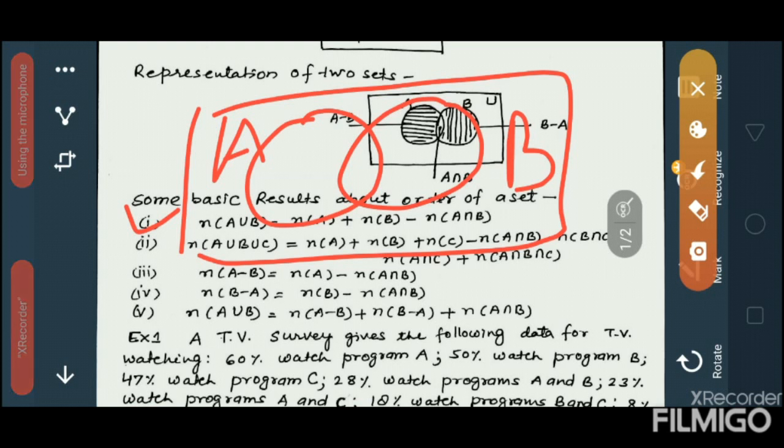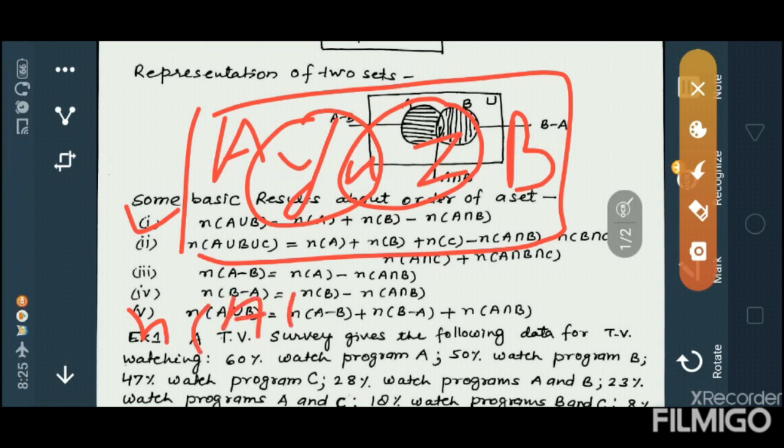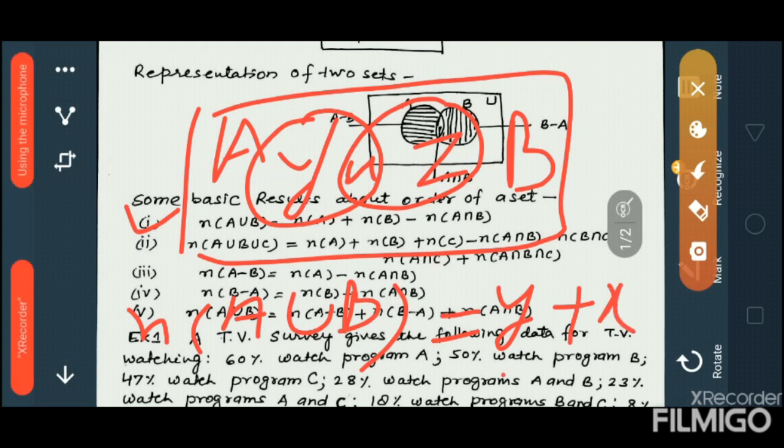So as you know, suppose this is X, this is Y, and this is Z. So the number of elements in A union B can be written as Y plus X plus Z.